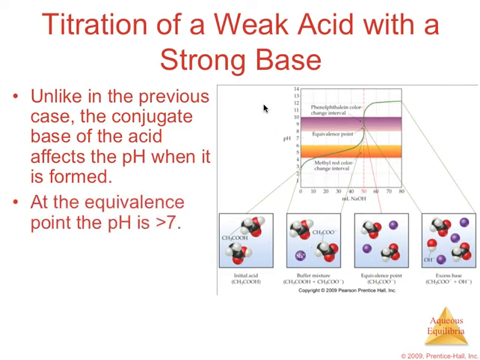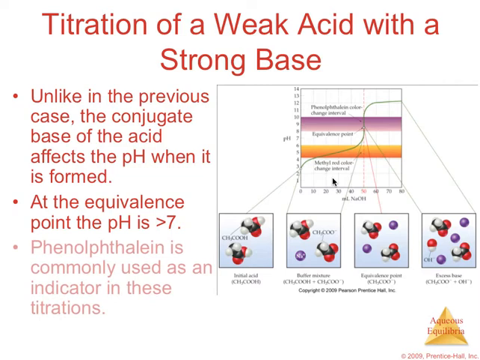Okay. So again, weak acid with a strong base, the conjugate base of that acid affects the pH as it's formed. The pH at the equivalence point is greater than 7. Okay. If you notice, this is where we need to talk about something called the endpoint. The endpoint is when the indicator changes color, and the equivalence point.